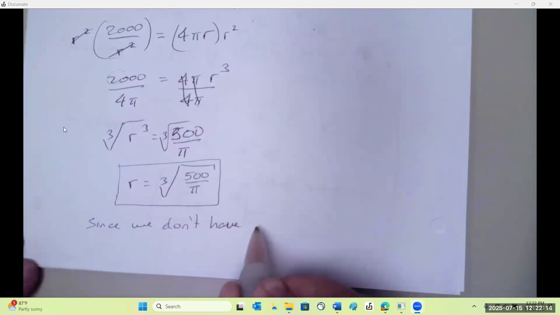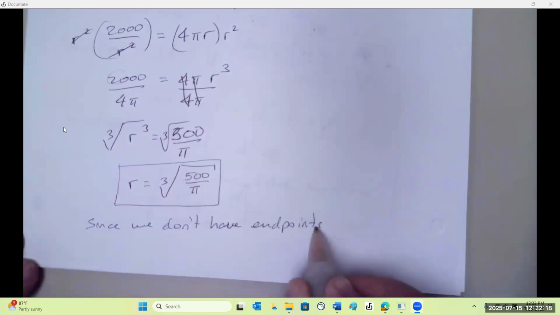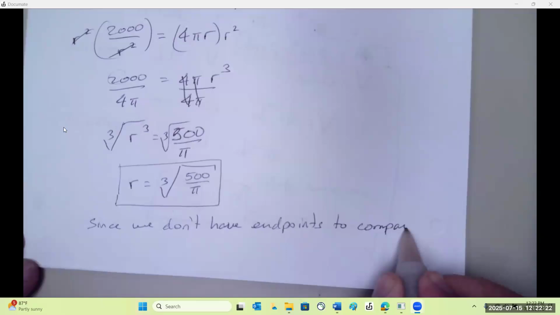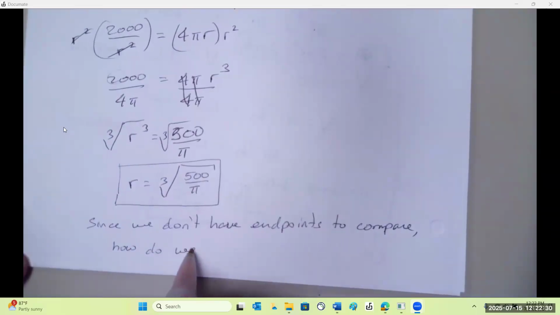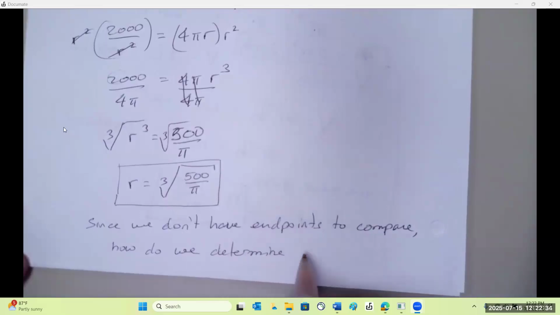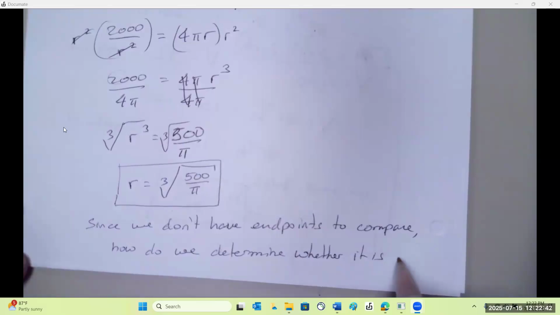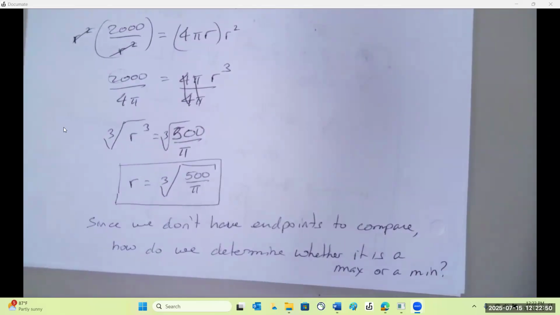Since we don't have endpoints to compare, how do we determine whether it is a max or a min? Very good. Exactly.